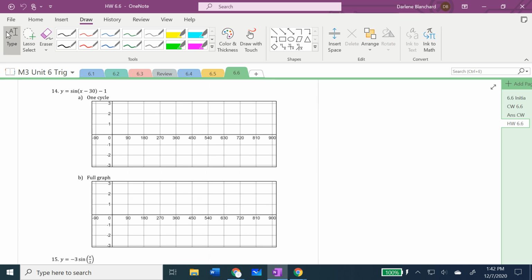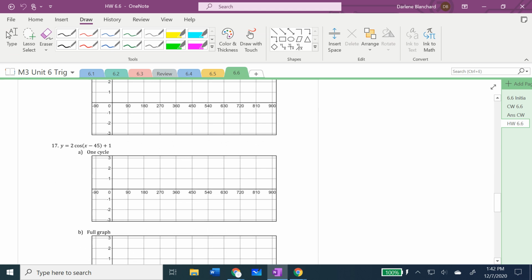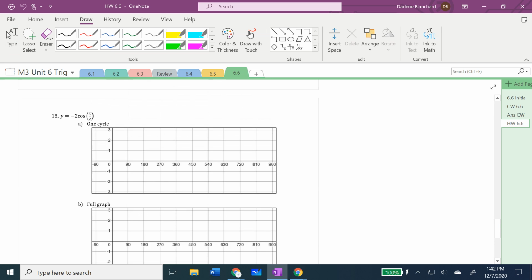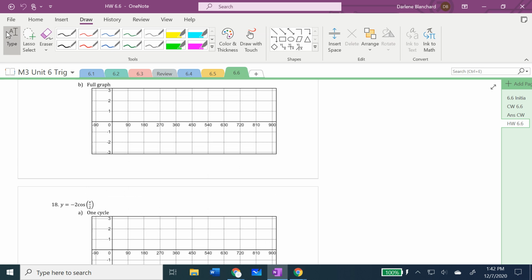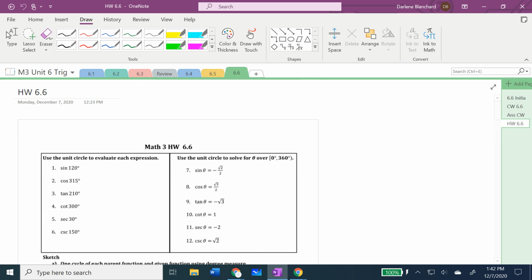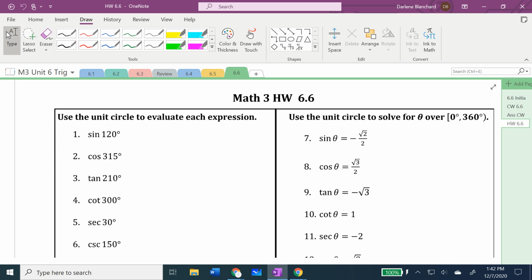If you want to take a snapshot, and you can, feel free to. And know that you're trying to get used to drawing sine and cosine. Now, if you want, I can start talking to you about these problems to help you get started.